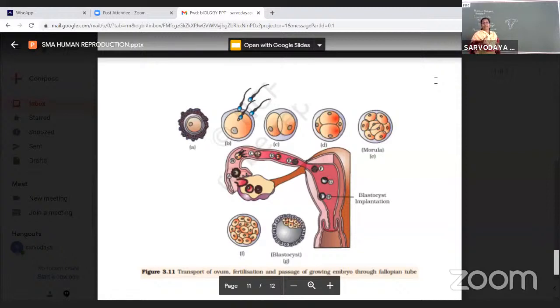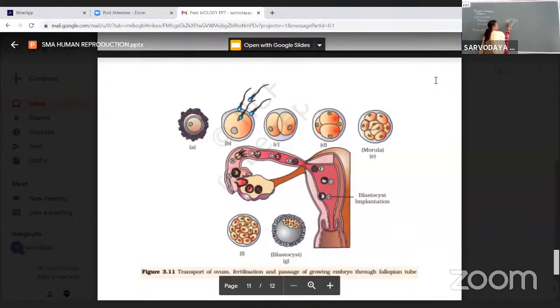It can get attached here, here, or here also. The entire endometrium layer has become thickened. Now let us say it's going to get attached at this region.